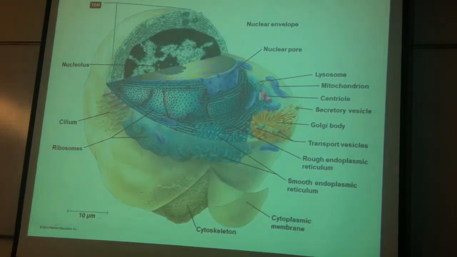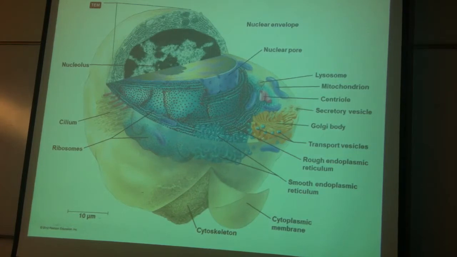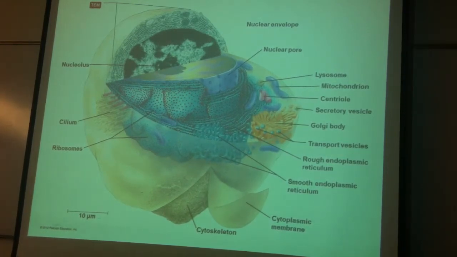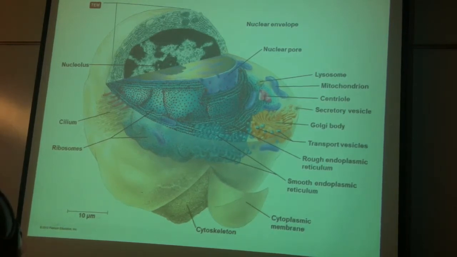Again, we have ribosomes. Ribosomes are useful for what? Making proteins, translation. Yep. So we have our nucleus. We have little nuclear pores, so that we can get this RNA message out of the nucleus so it can get to the ribosome and be made into a protein.